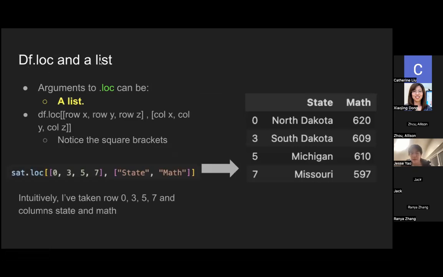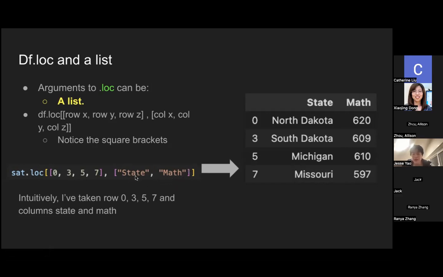So df.loc with a list: I can pass in 2 lists to extract. The arguments to .loc will be a list of rows and a list of columns. Intuitively, that just returns the rows and columns you've selected. In this example, sat.loc, I put square brackets, then a list of rows, in this case 0, 3, 5, 7, and then a list of columns.